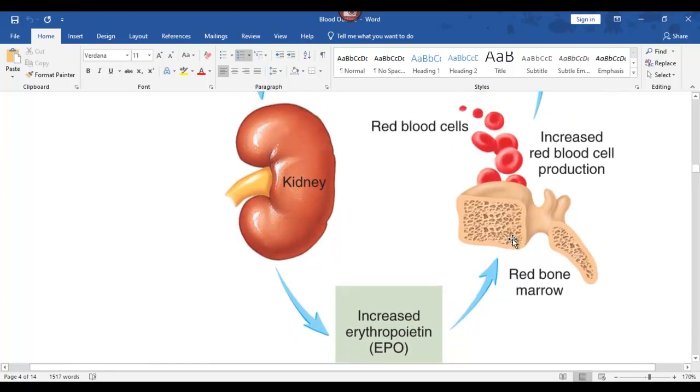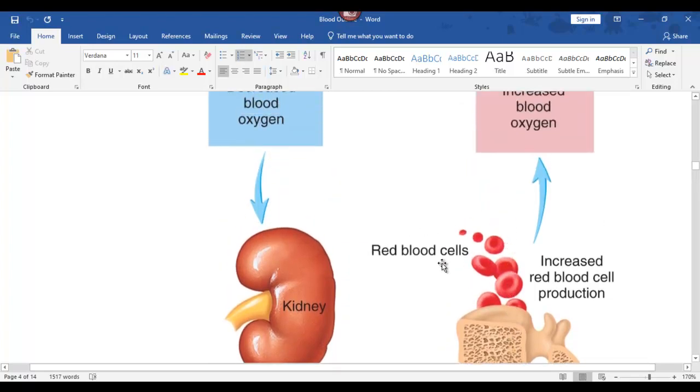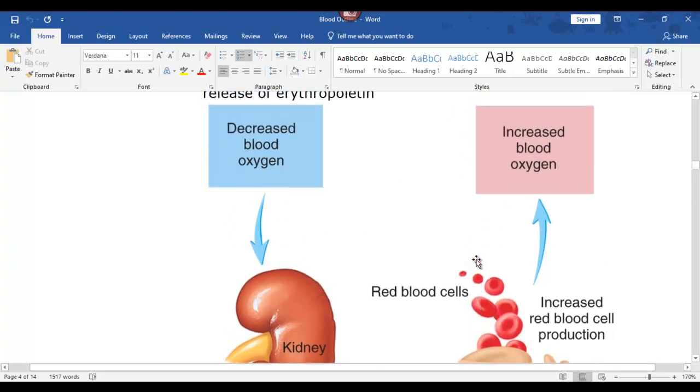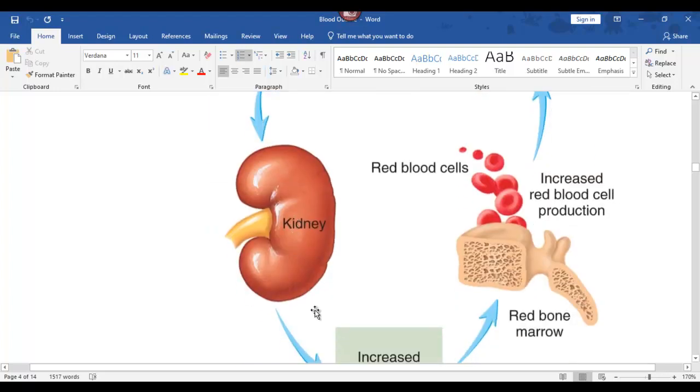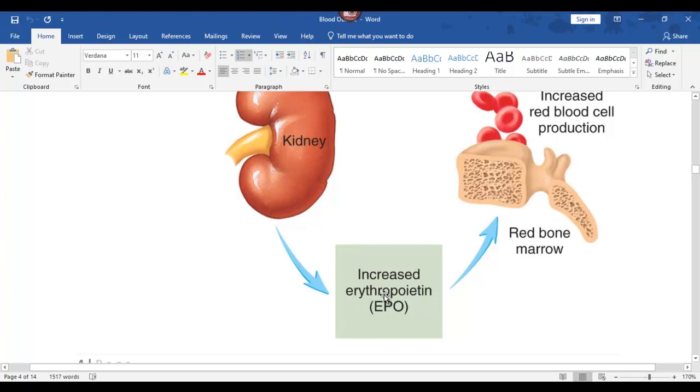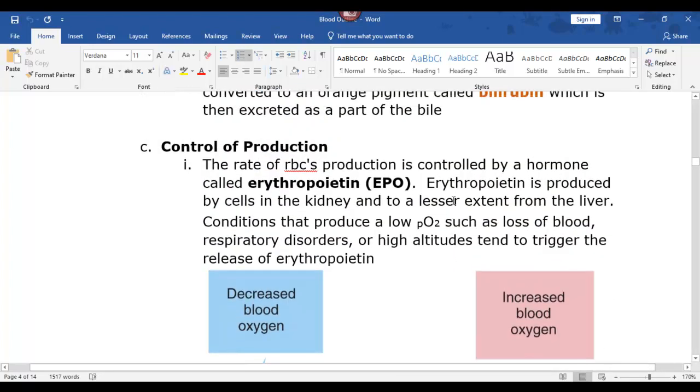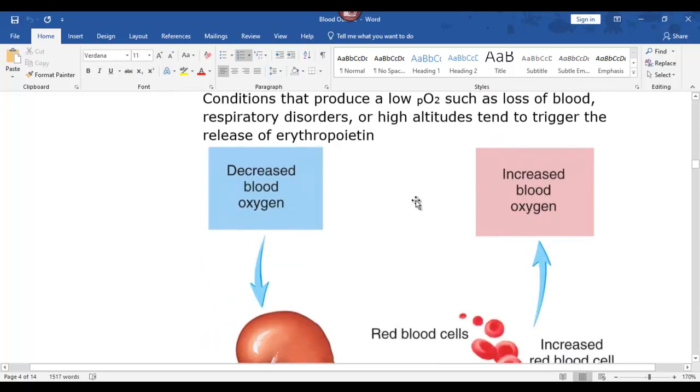It's going to travel to red bone marrow in the body, and then cause the production of more red blood cells, and the more red blood cells, the more oxygen a person can carry. And then you're going to have an increase in blood oxygen. And then, at some point, erythropoietin will be cut off. Remember the whole negative feedback part. So that hormone controls red blood cell production.